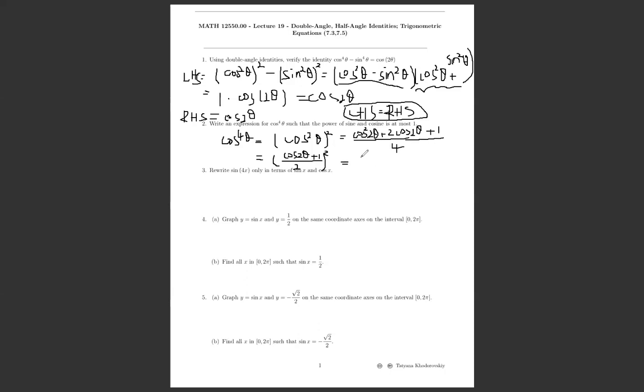That is cosine of 4 theta plus 1 divided by 2. That is the cosine square of 2 theta.